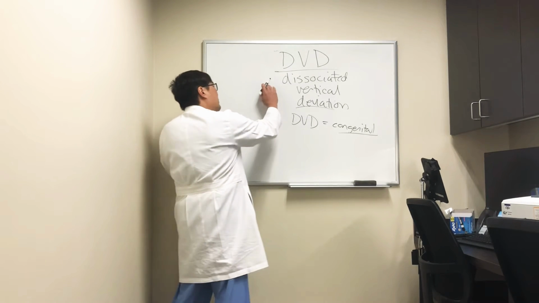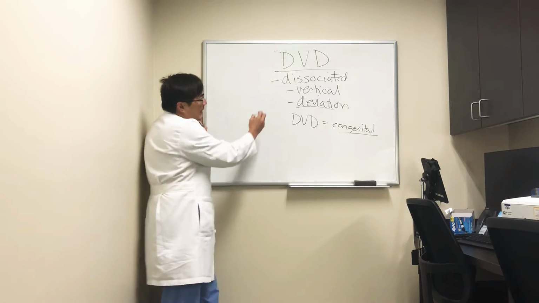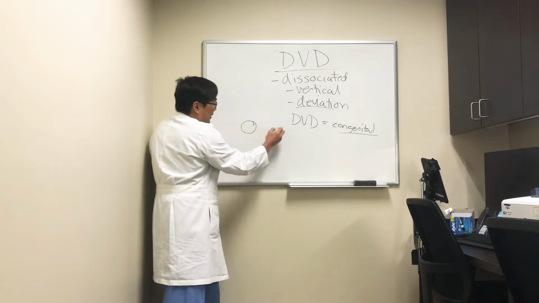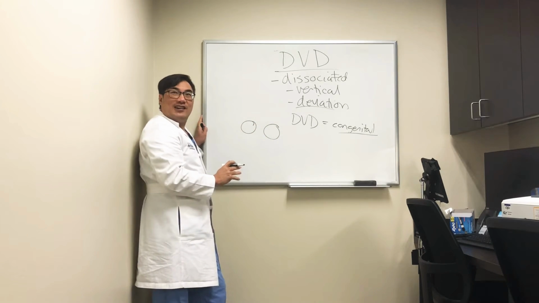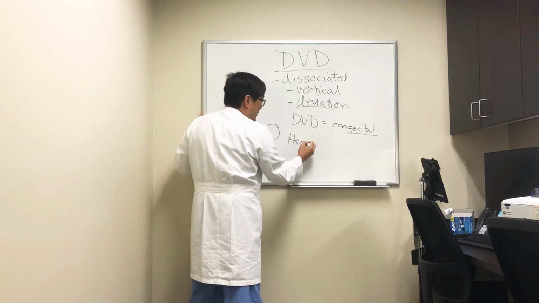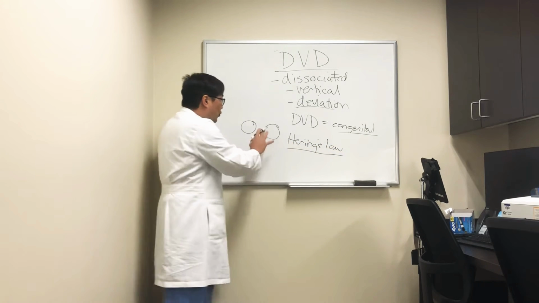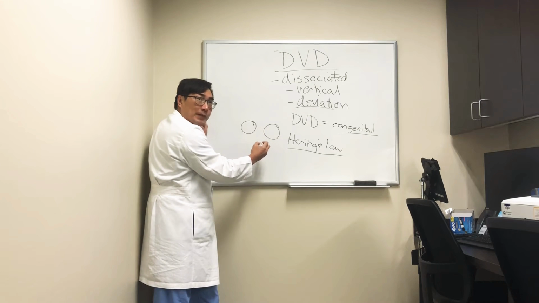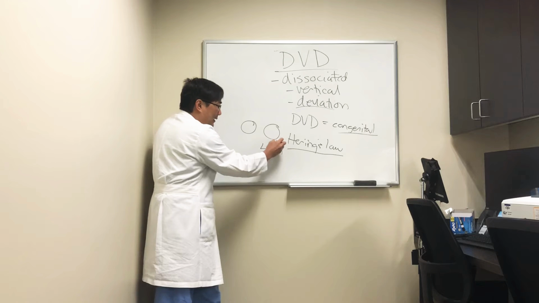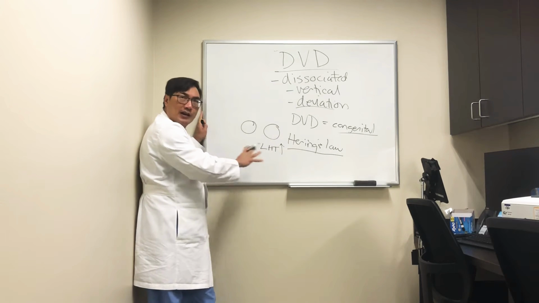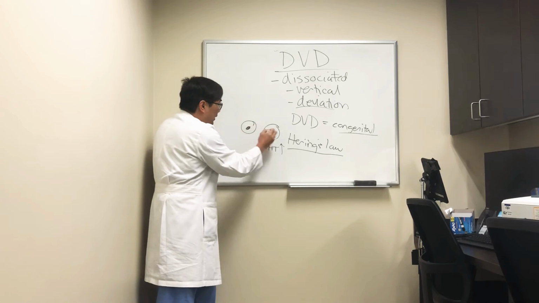What it means is that dissociated vertical deviation is a deviation that's vertical, but it doesn't follow Hering's Law. Hering's Law is the law of equal innervation, and normally when we have a hypertropia, let's say a left hypertropia, the eye is up, and we do the cover-uncover test to find it.